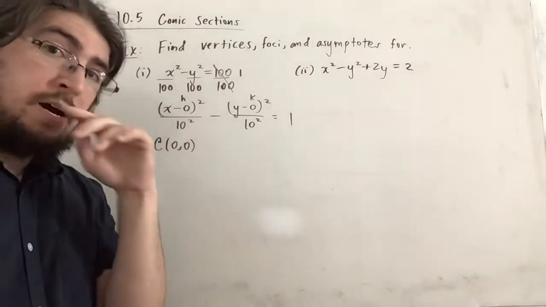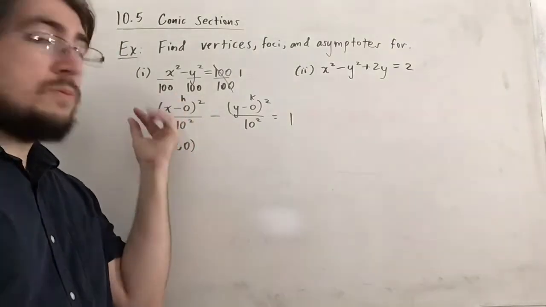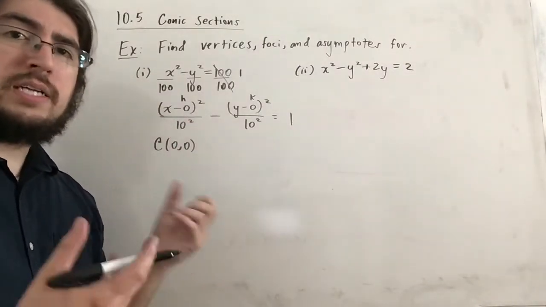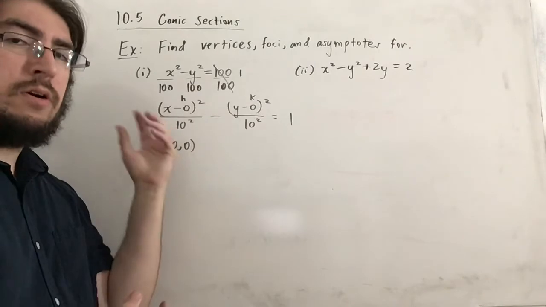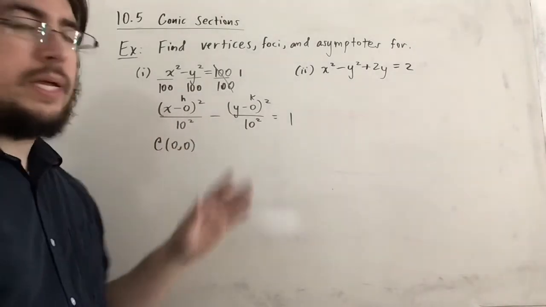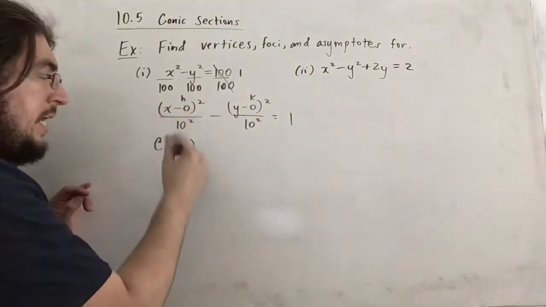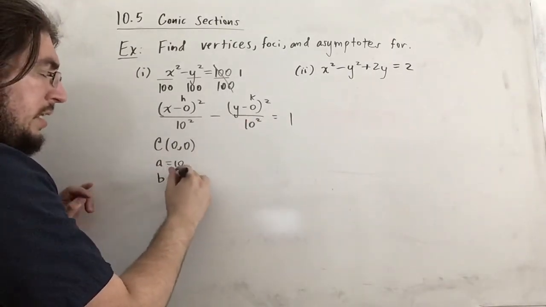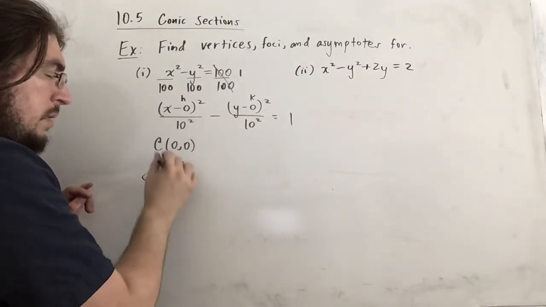Also, the one under the first term in subtraction is a. That's how you know which one's which. It's not the larger one. It's the one that's under the first term in subtraction. It's always a then b. So a squared is 10 squared, so that means a is 10. B is also coincidentally 10 in this case. So we have these three.